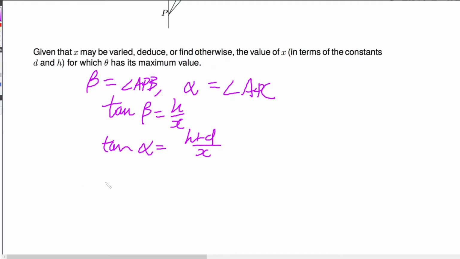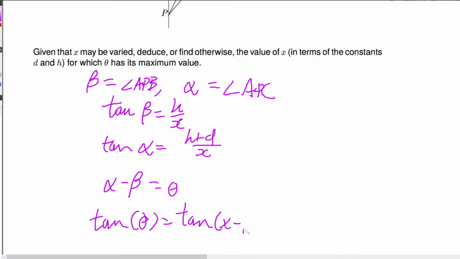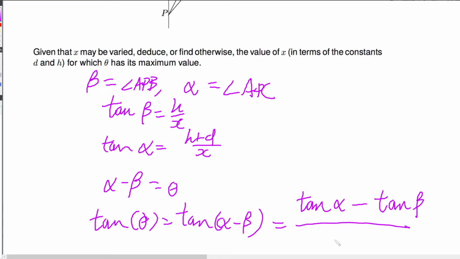And because alpha minus beta is theta, as I mentioned before, tan theta is tan of alpha minus beta, which is tan alpha minus tan beta over 1 plus tan alpha tan beta.